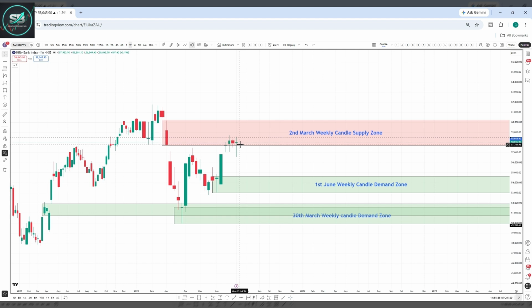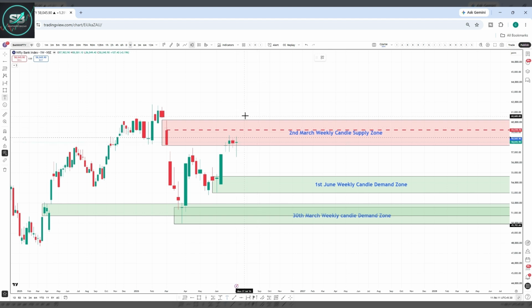But for us to take the trade, if a daily candle closes above this level, 59,188, then only my view will become bullish.